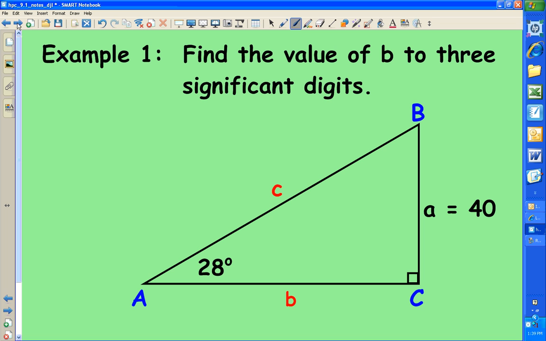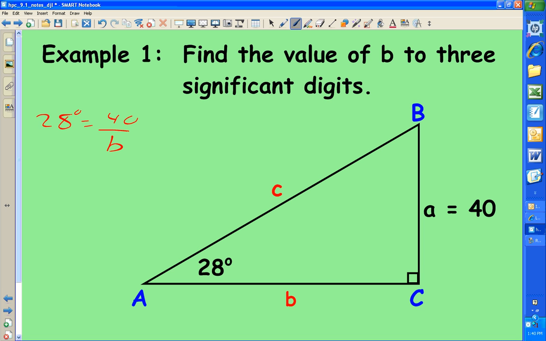Okay? So what equation will allow you to solve for B in this particular problem? And you're limited to 4. Cosine, it's like opposite over adjacent. So what do you want me to write? You want me to write 28 degrees equals 40 over B?